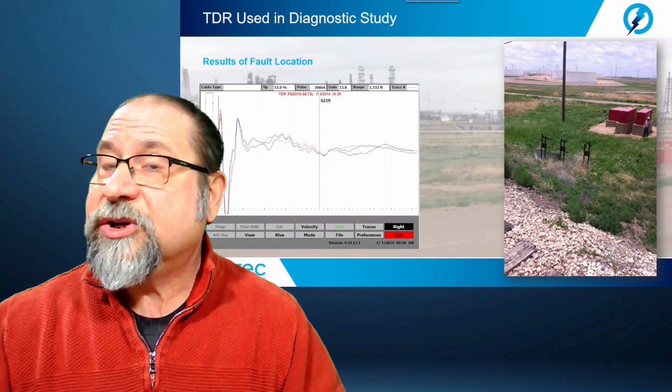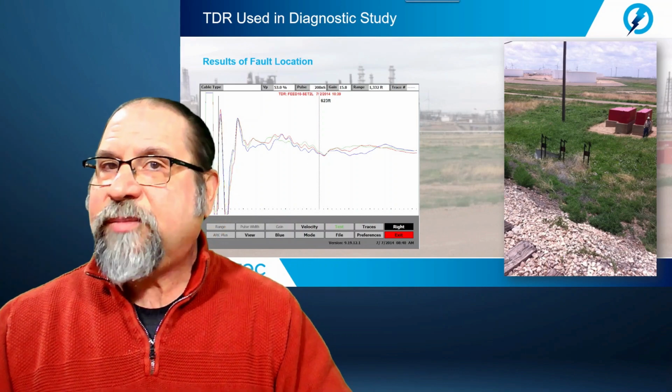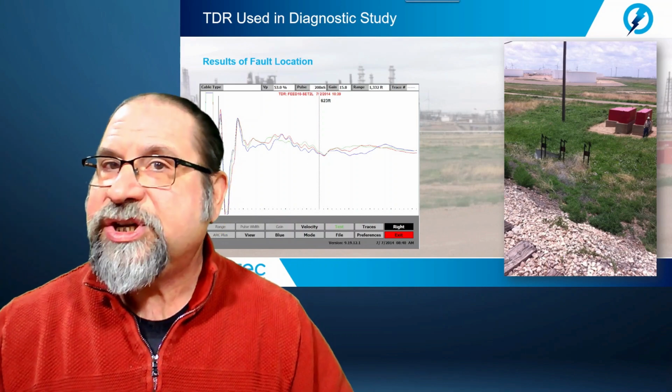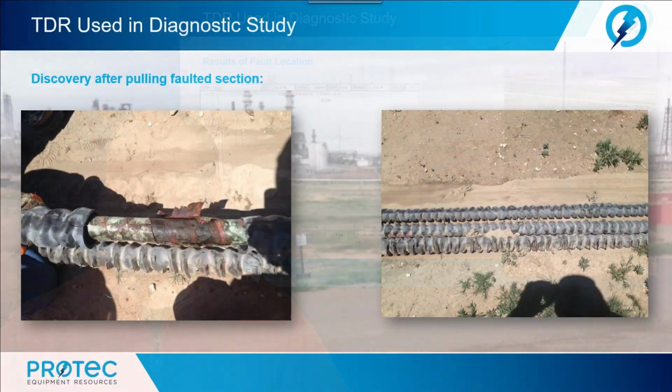But all the conductors were suffering from the crushed conduit, complicating also moisture getting into the cable at that point. Now, when we pulled the cables out of the conduit, this is what we found.